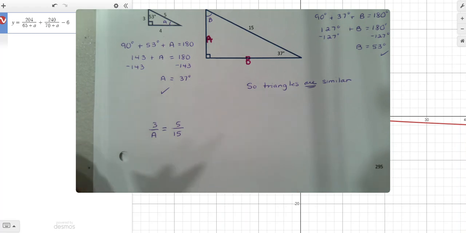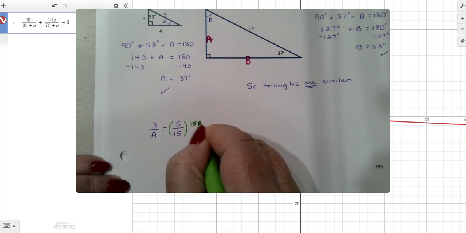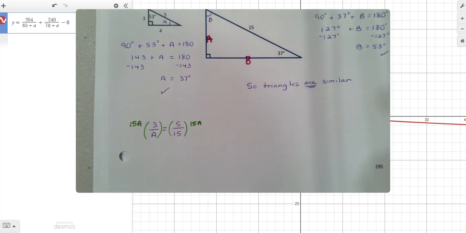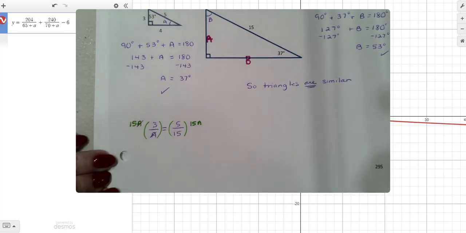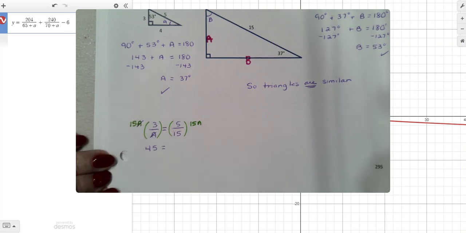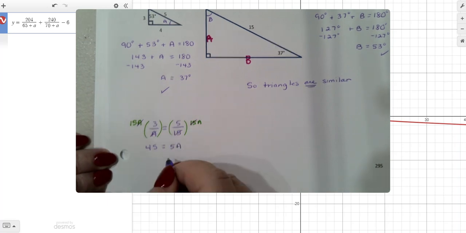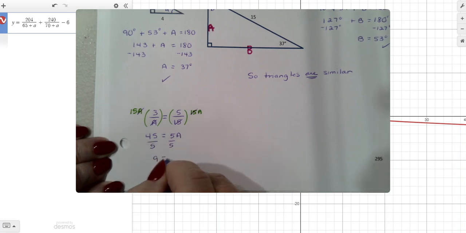If I multiply both sides of that little equation by 15A, the common denominator, left-hand side, 15 times 3 is 45. And the right-hand side gives me 5A. And then I just have to divide both sides by the 5. And I do get A equal 9.